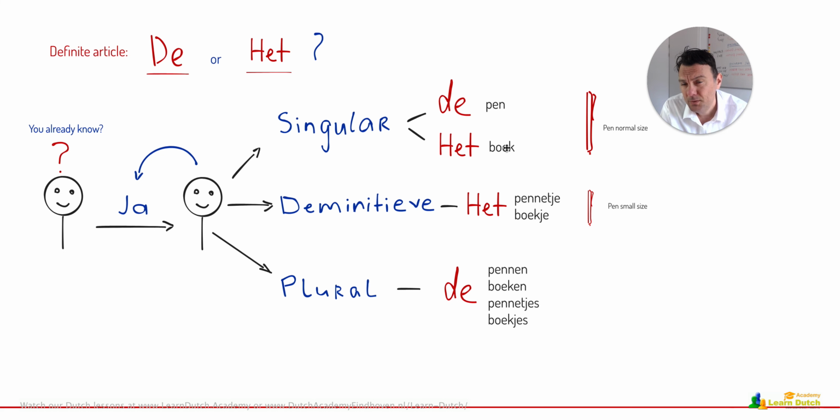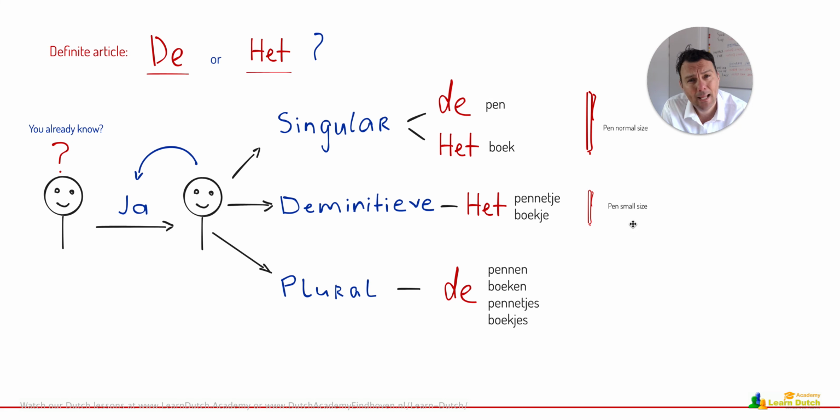If you're using something we call a diminutive. What is a diminutive? Do you know? Actually, I call them a small noun. Small noun? Yes, a little thing. For instance, this is a pen, a normal size. But if I'm going to make it small, we can say a small pen.